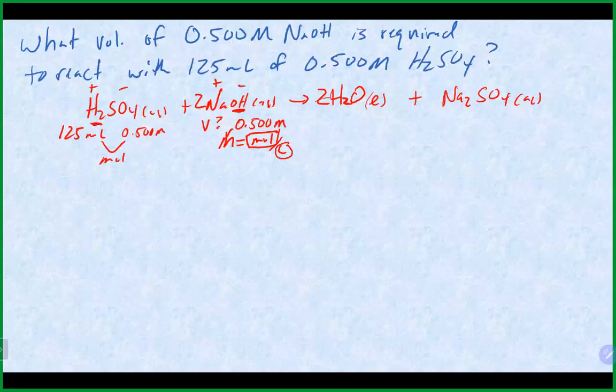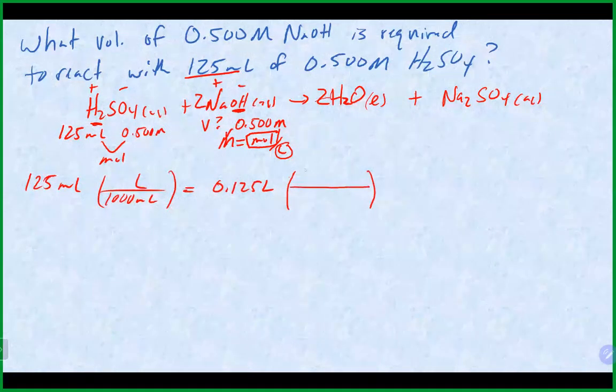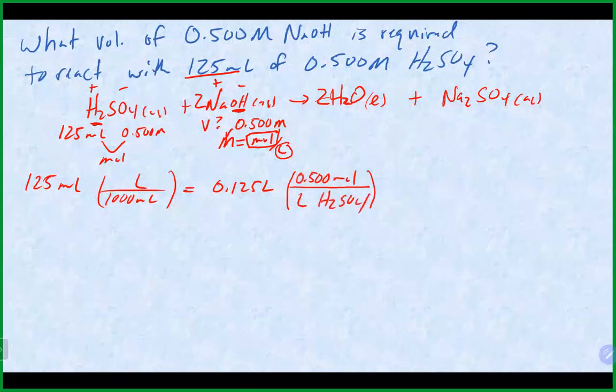So that is what we're going to do. We are going to convert, once again, our milliliters into liters. So 125 milliliters, 1,000 milliliters is a liter, gives us 0.125 liters there of our H2SO4, using the molarity so that the liters cancel, which means the moles should go up on top. Liters on the bottom of our H2SO4, the liters here will cancel.